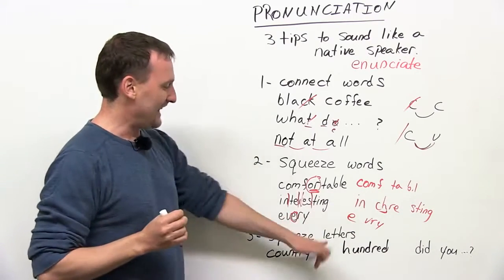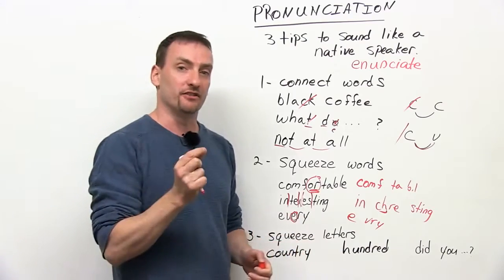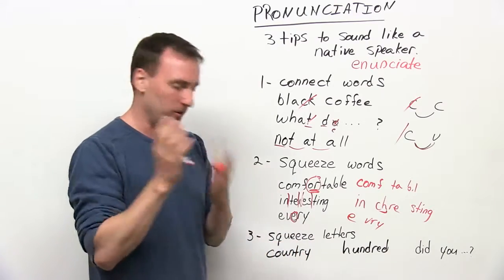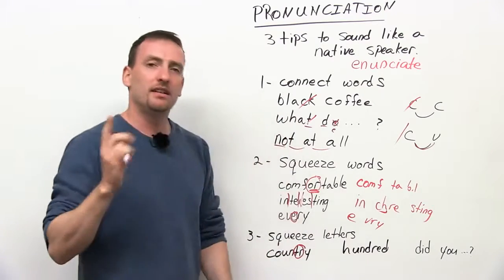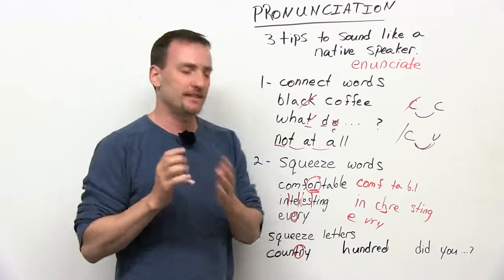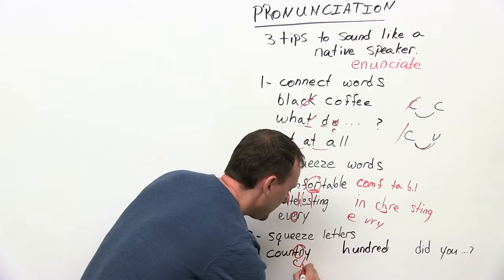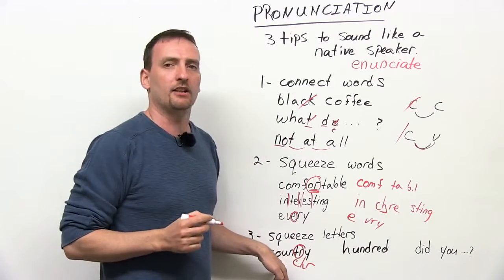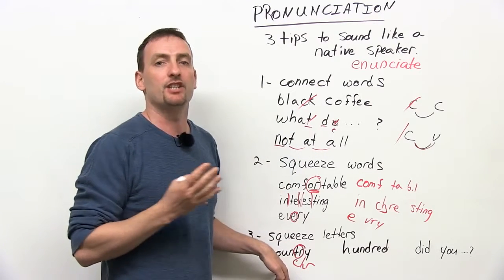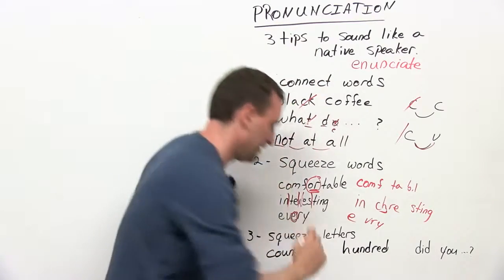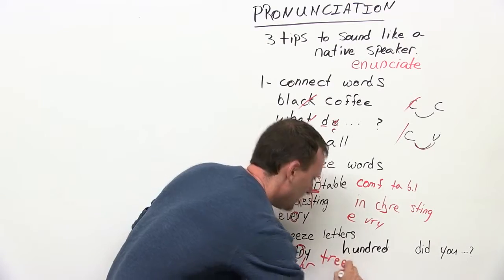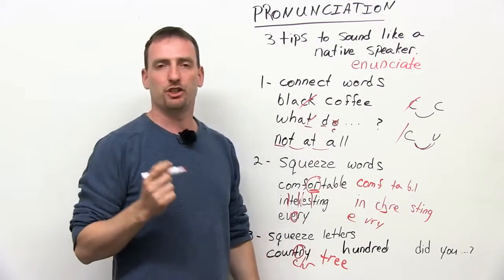Okay? Last, squeeze letters. Now, this is particularly true for a few letters. When we have TR together, it usually sounds like CHR. So we don't say country. We say country. Like a tree that grows, but even a tree is tree.